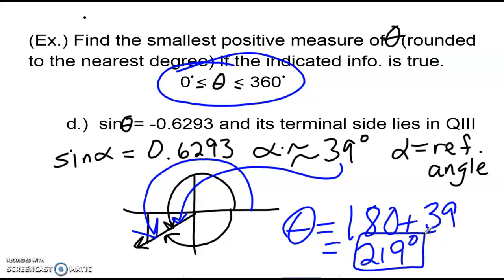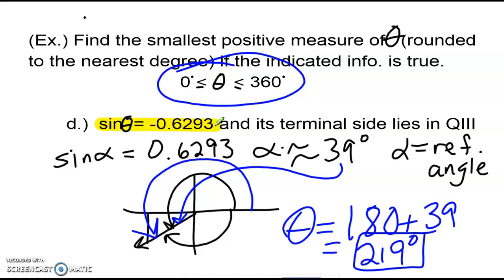Okay, so let's process this again. We were given information about our angle. And just for fun, let's hit, what is the sine of 219 degrees? It is negative 0.6293. Okay, so we did that correctly. So anyway, we were given this information about our angle theta. The sine value is negative 0.6293.